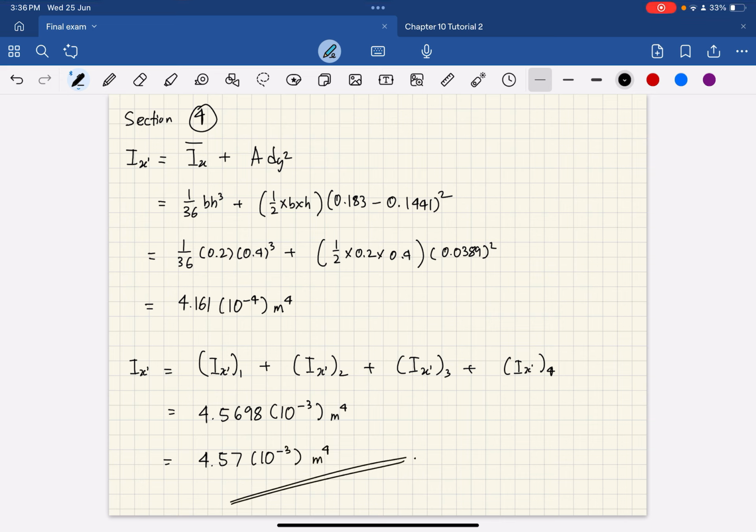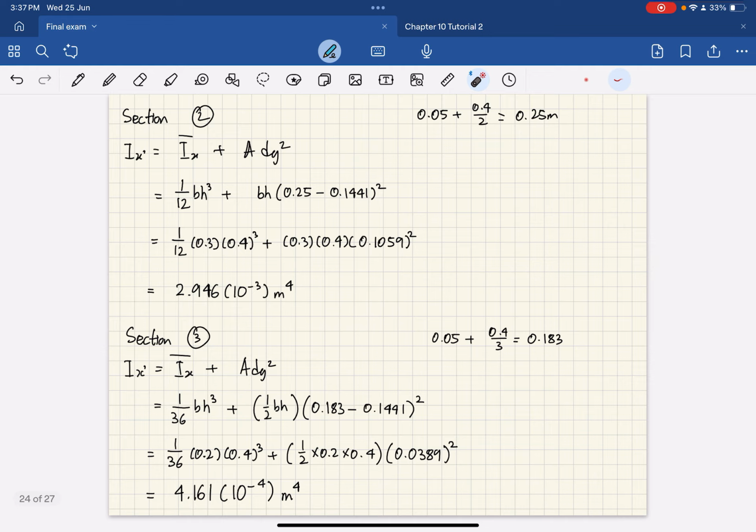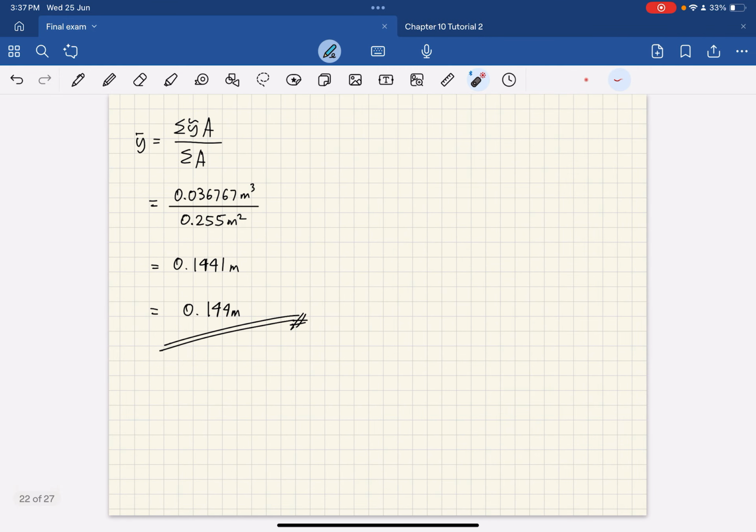So this is your moment of inertia along the x prime axis.